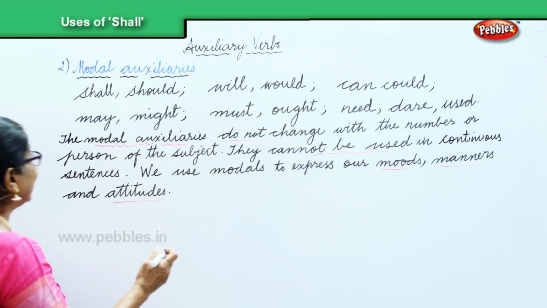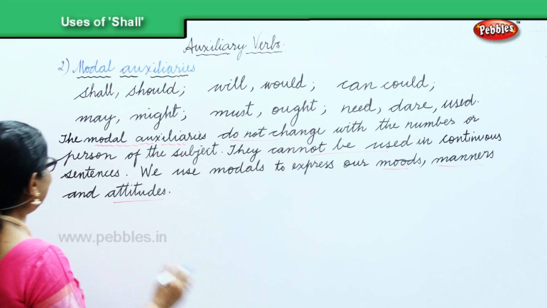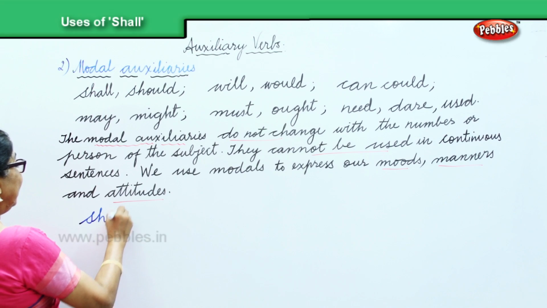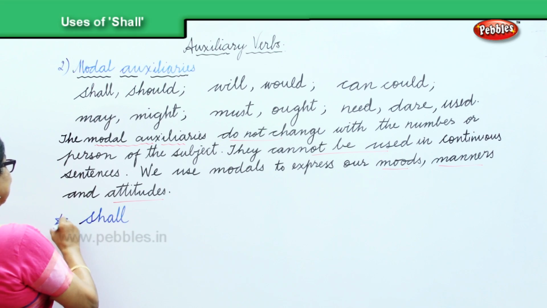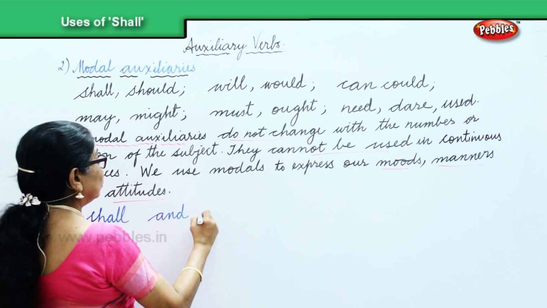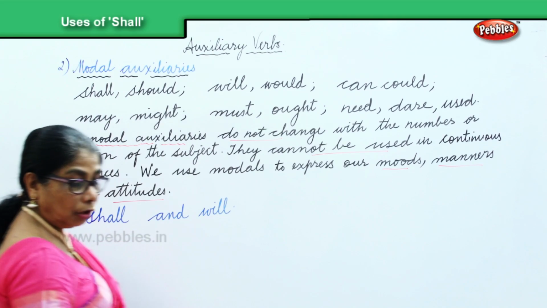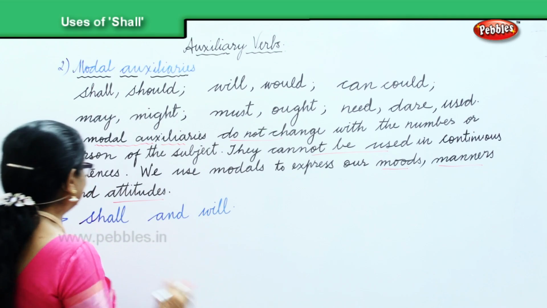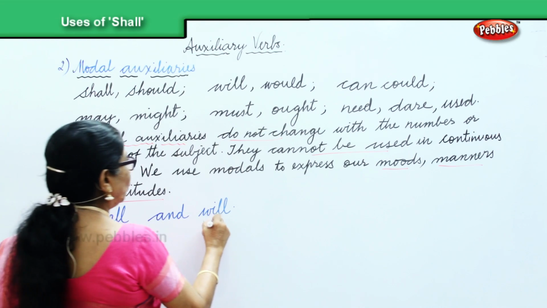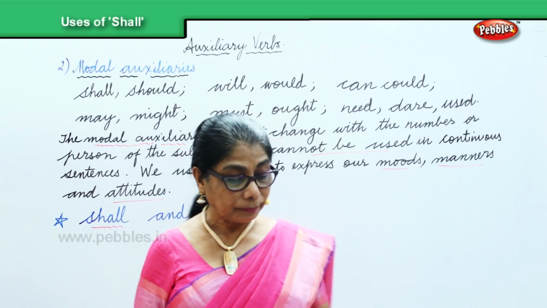So now we're going to look very clearly at the use of shall and will. Very important. The modal auxiliary, we are going to look at the usage of shall, will. How are they used in the sentence?